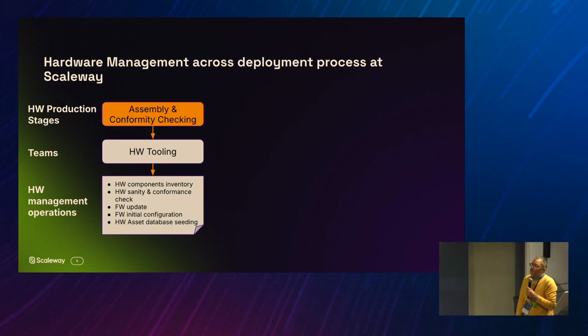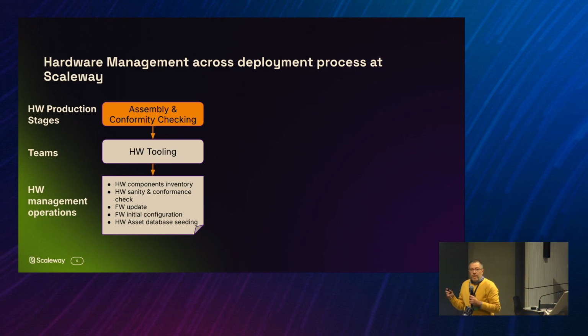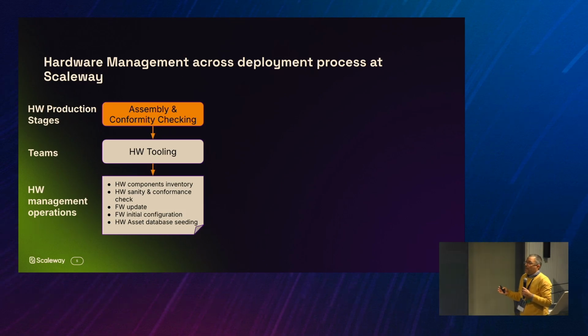This slide is about hardware management usage across the deployment process at Scaleway, just to highlight where we are using hardware commands across the deployment process and across the teams involved.